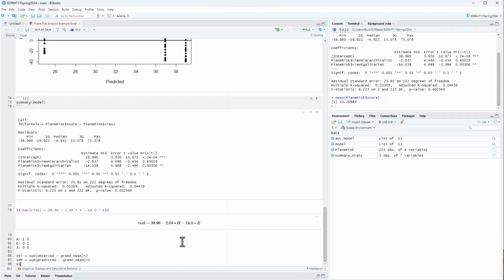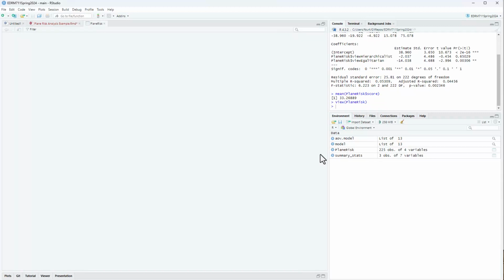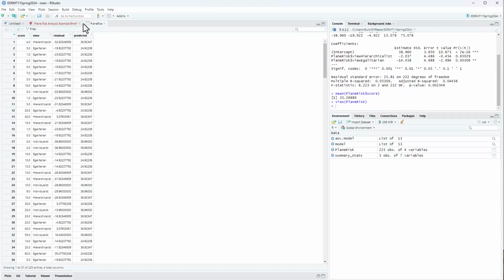Similarly, the sums of squares residual or error is the sum of the observed minus predicted, squared, done for every single individual.